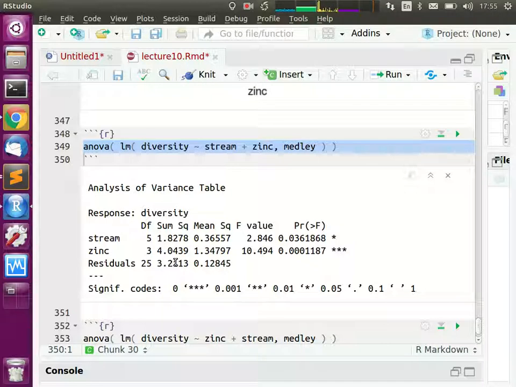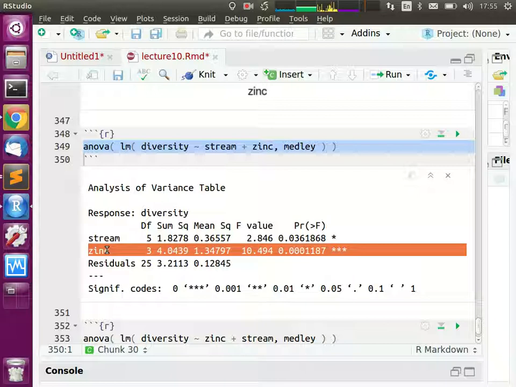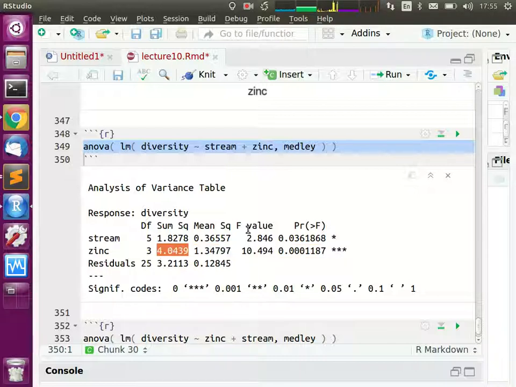And these 9 are now partitioned. If you just make an ANOVA which only accounts for zinc, as we've done before, the sum of squares goes down by 4, going from 9-point-something to the 6-point-something which we had before. So this 4 is simply the difference between the 9 and the 6 which we had before. If we do the same accounting only for the stream, it goes down from 9 to 7-point-something.